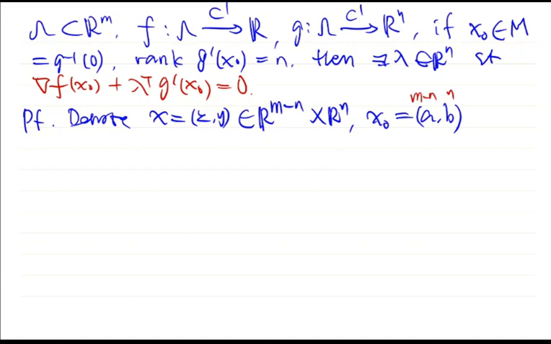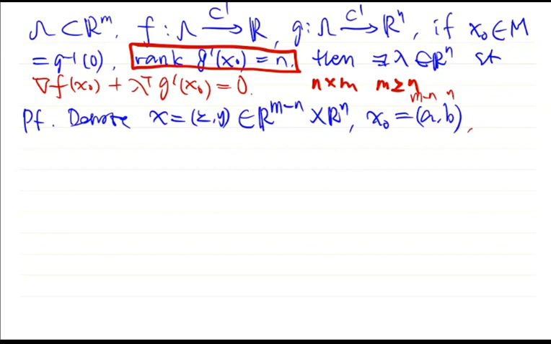Since the rank of this matrix is n, we might assume that the last n columns of the matrix, because this is an n by m matrix and m is not less than n, are linearly independent.